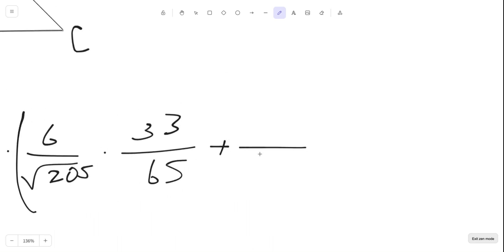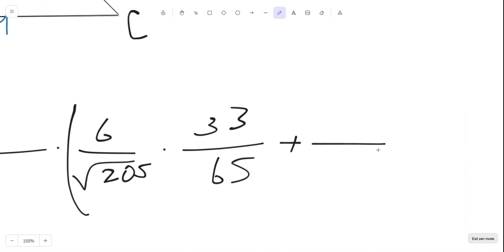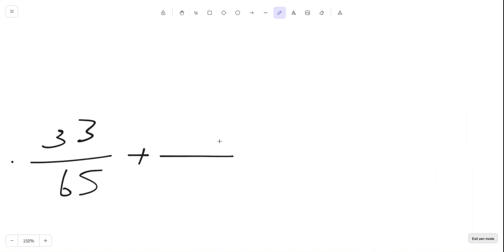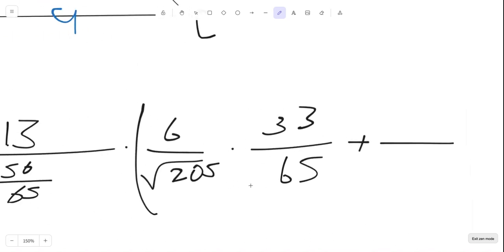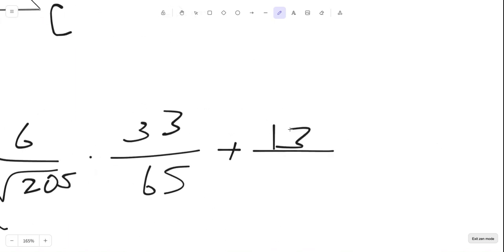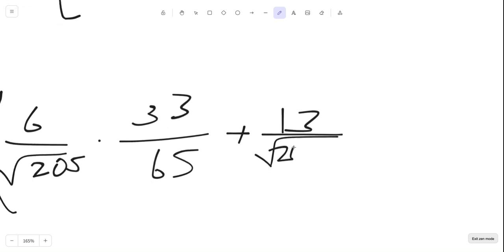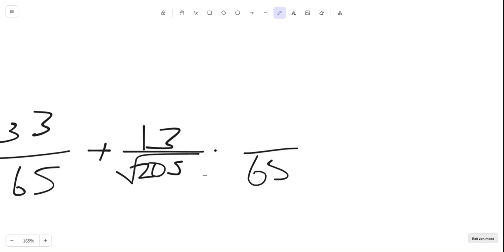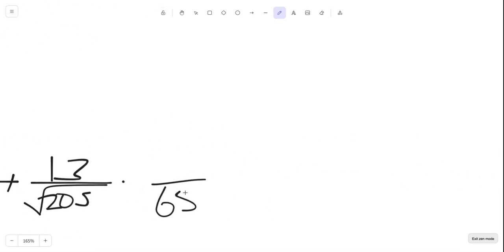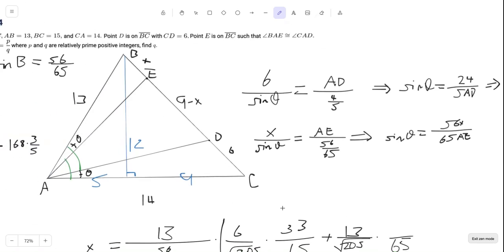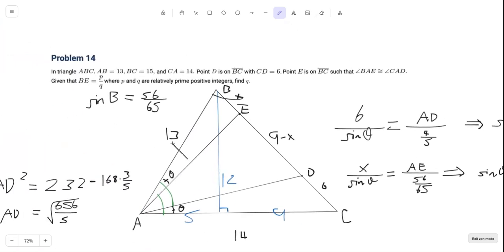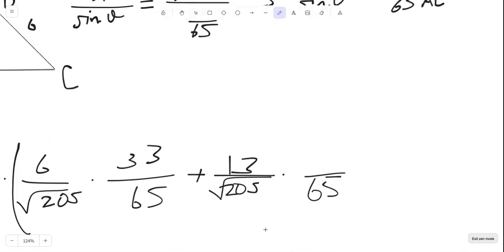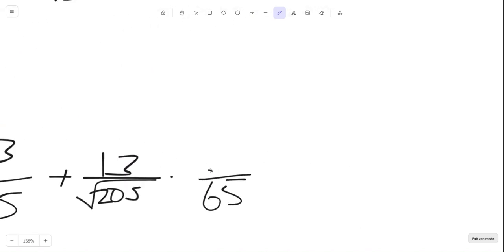That gives you 205 minus 36, which is 169, the square root of which is 13. Thank God it's an integer. Basically, just use the sine of the sum of these two angles, theta and B.